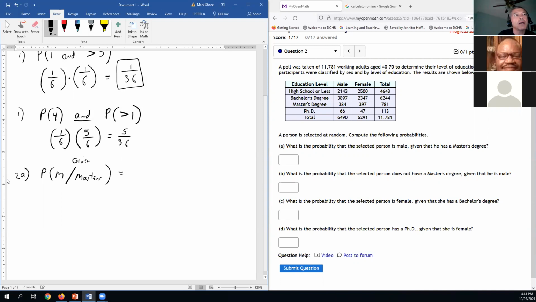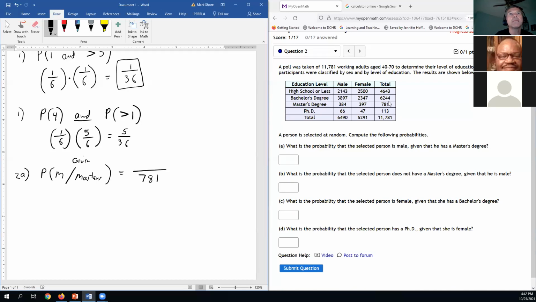So this is what it's out of. The denominator on this problem is not going to be the grand total of 11,781. The denominator is what it's out of. And this means it's out of those people that have a master's degree. The total number of people that have a master's degree, you can just go straight across here and you see that's 781. Now, how many of that 781 are male?